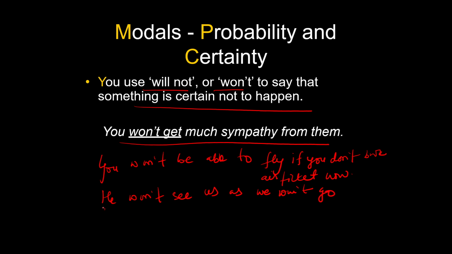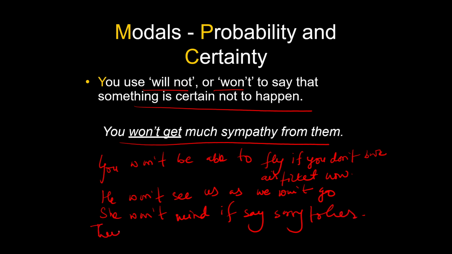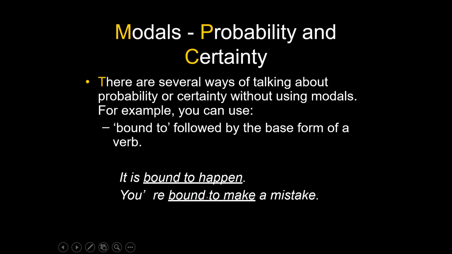"She won't mind if you say sorry to her." "They won't replay the match." So these are some examples of the negative of will.